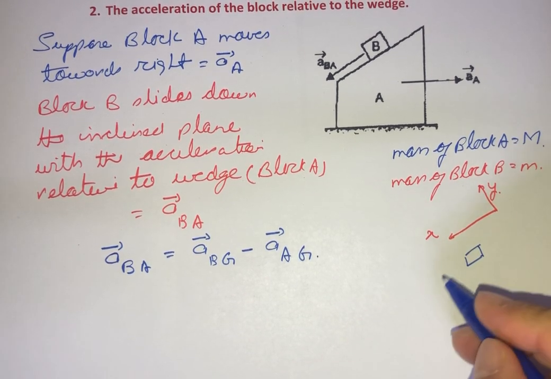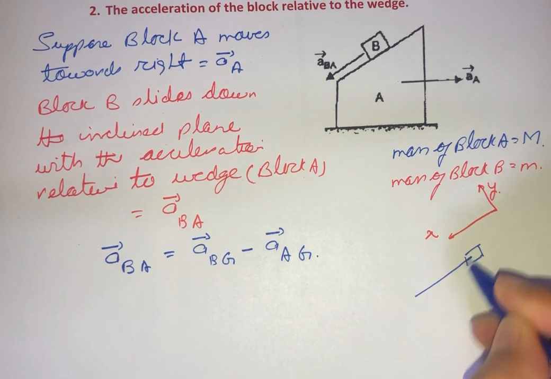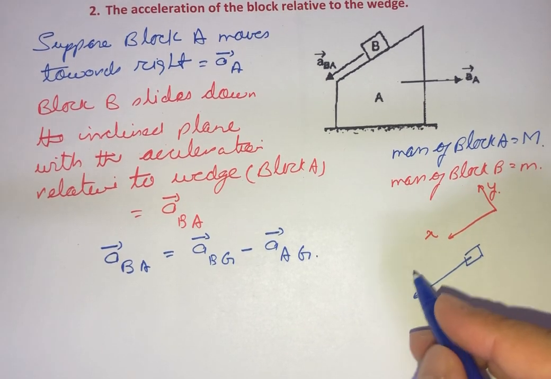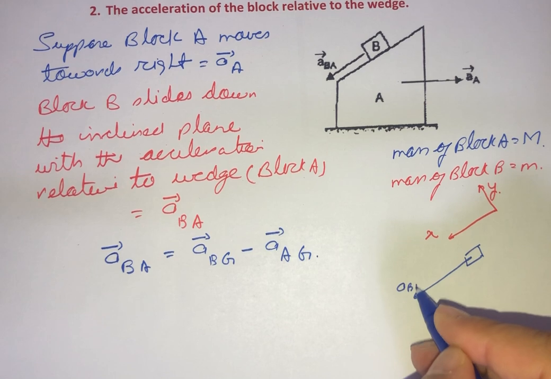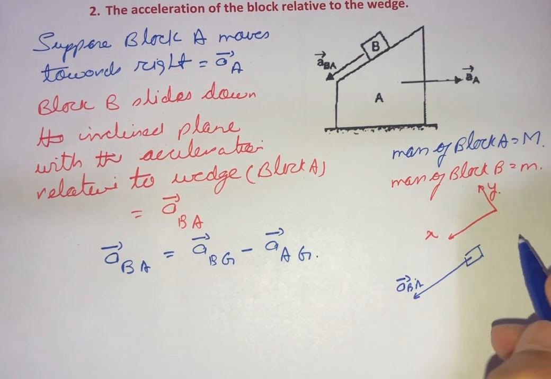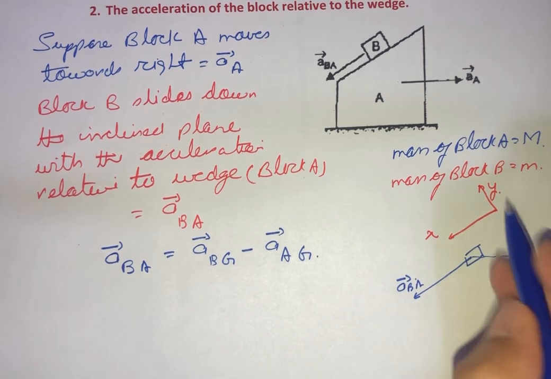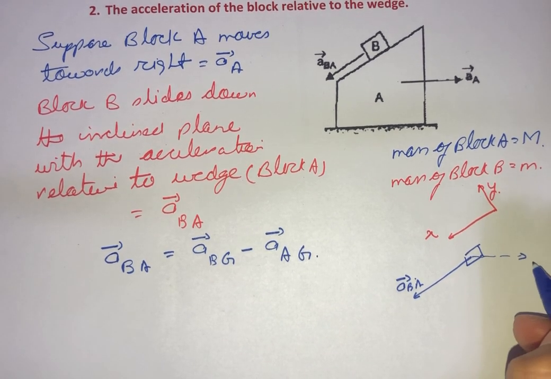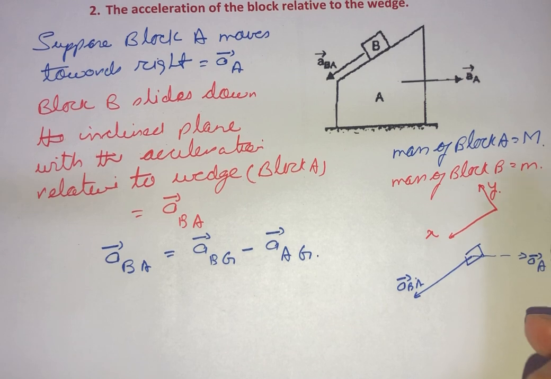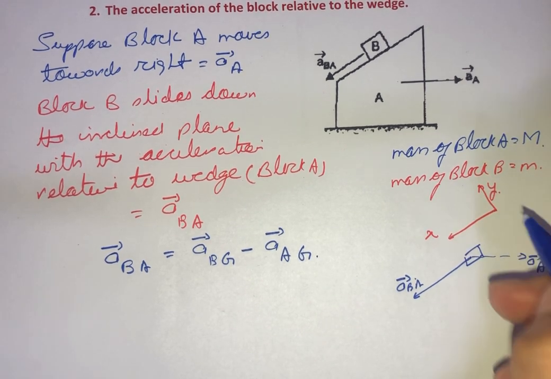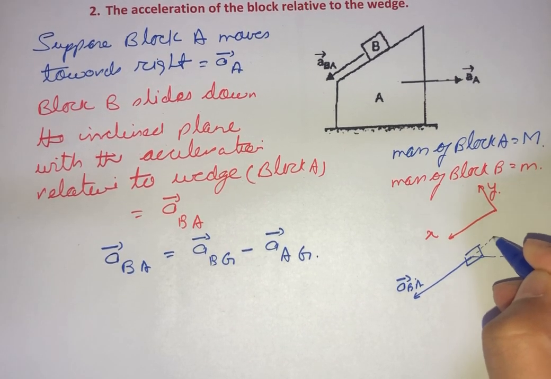Block B will be moving downward with the acceleration A_BA, and it will also have the acceleration of block A in this direction, and let us extend here.